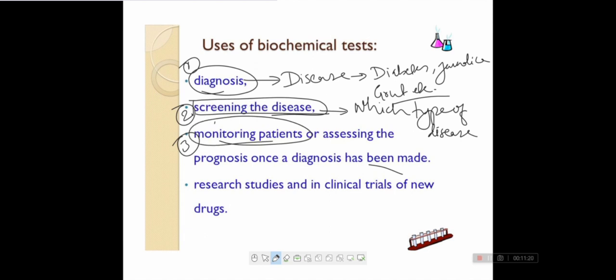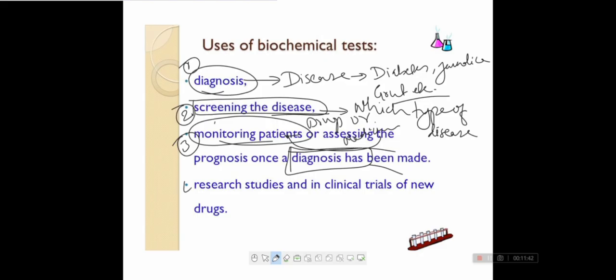What type of drugs or medicine are provided to the patient when the diagnosis has been made.